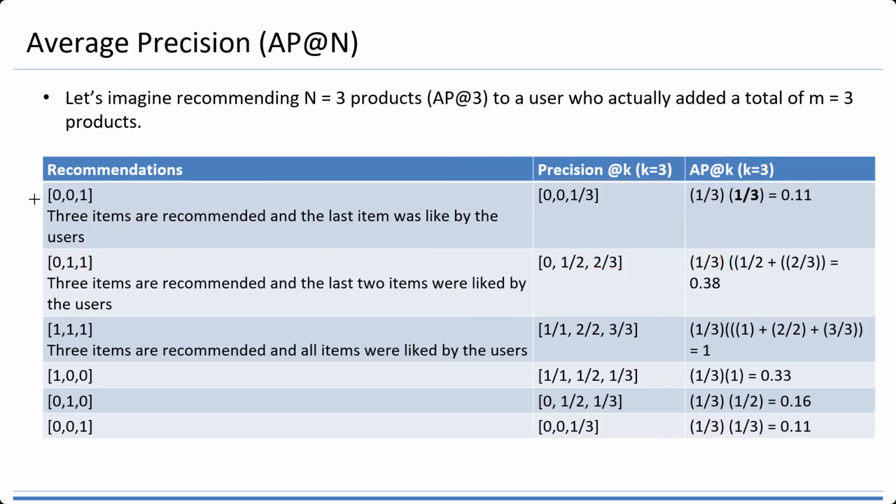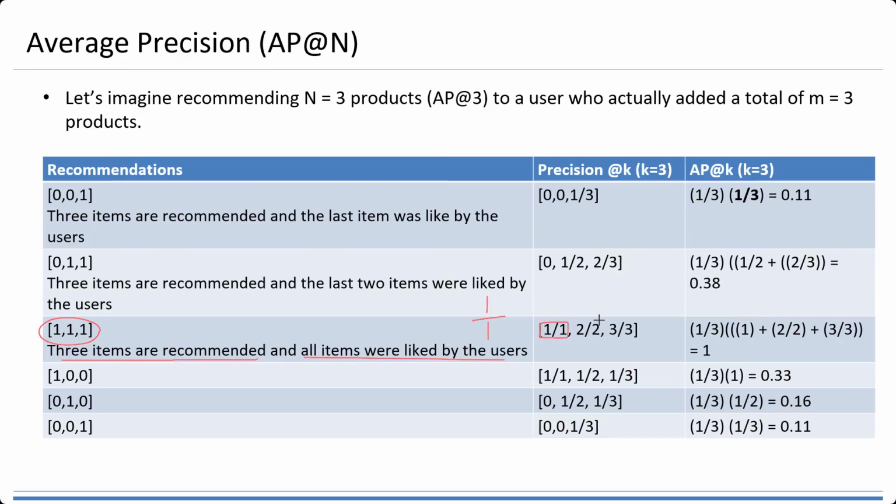Now we can take a look again at another example, 1, 1, and 1. 3 items are recommended and all items were liked by the users. The first item, from one recommended item, has been liked.